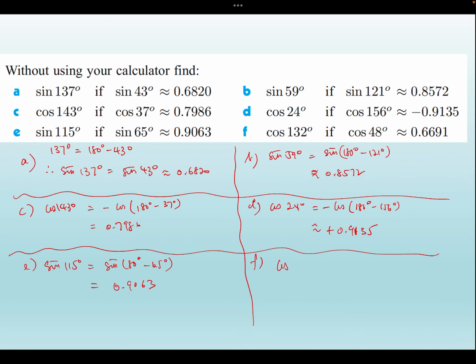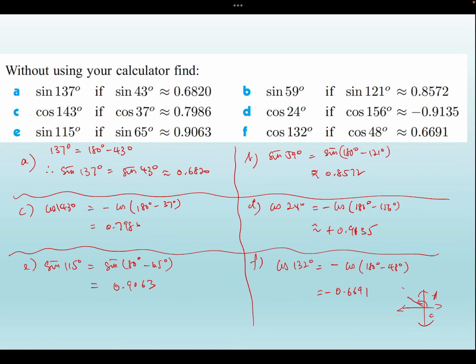And finally, cos 132 degrees should be the same as minus cos 180 degrees minus 48 degrees. So therefore, it's approximately 0.6691. Actually, yes, that should be minus 0.6691. Think about it. Cos 132 degrees is there.